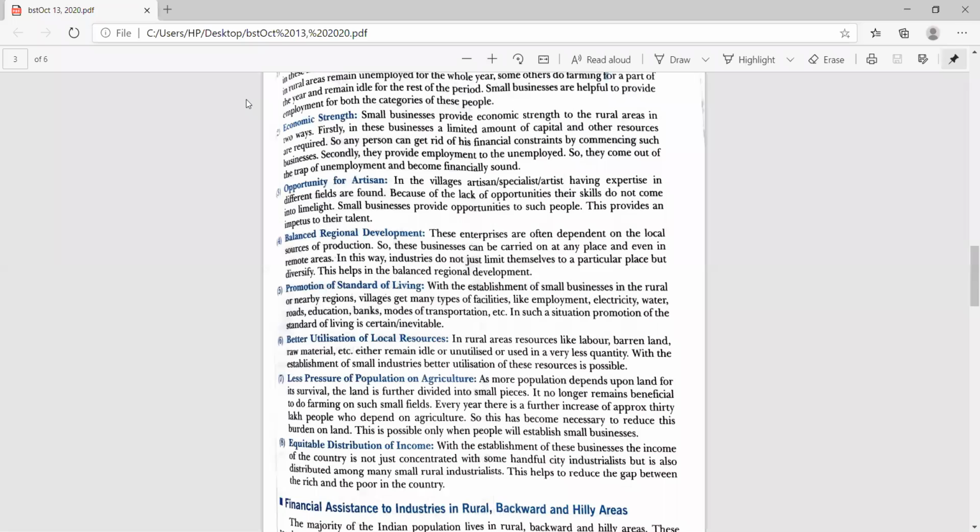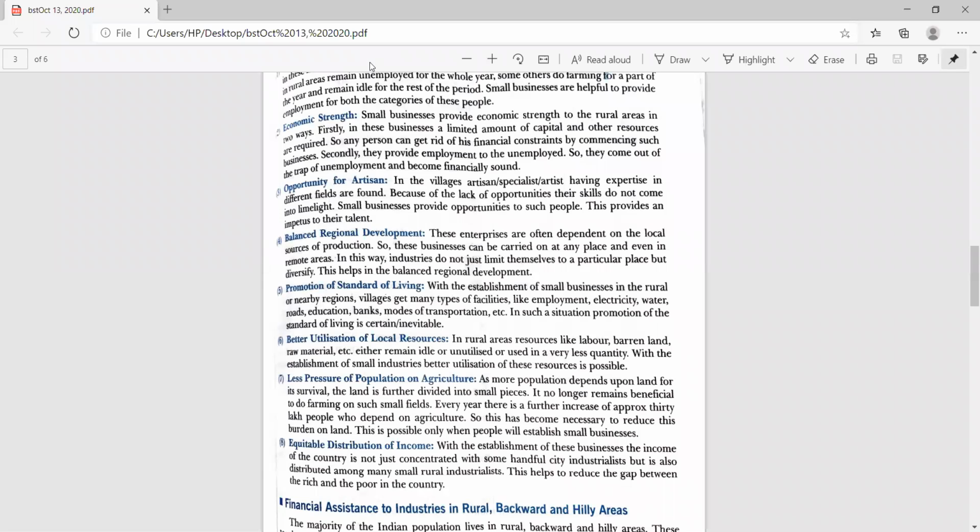So it has become very necessary to reduce this burden on the land, and this is possible only when people establish small scale business. So when small scale businesses or industries are established, there will be less pressure of population on agriculture.